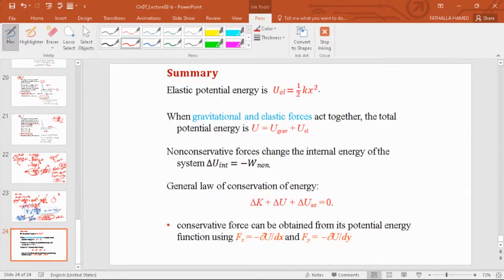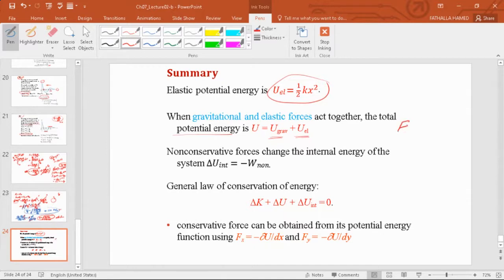So, to summarize the highlights of our lecture today, we talked about elastic potential energy, which is equal to 1/2 kx squared. Now, we said we can look at total potential energy, where it can have a gravitational and elastic potential. We did an example on the elevator.